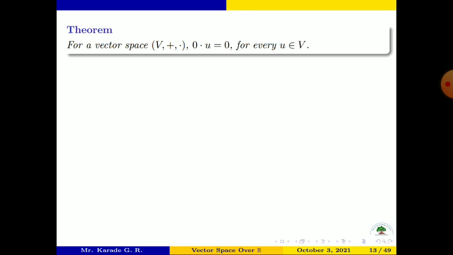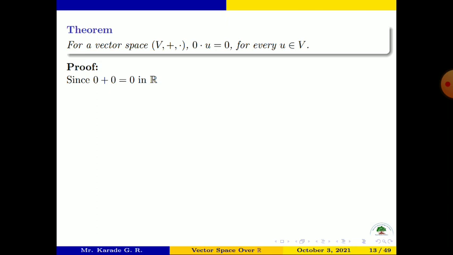So we have to prove this property, and how to prove? See here. Proof: since in the set of real numbers 0 plus 0 is 0, here the plus sign is the usual addition of real numbers.